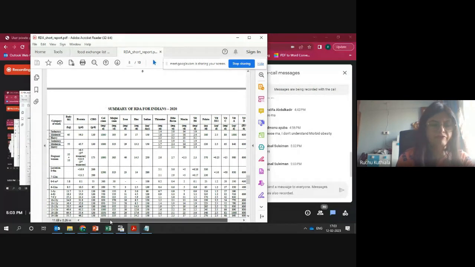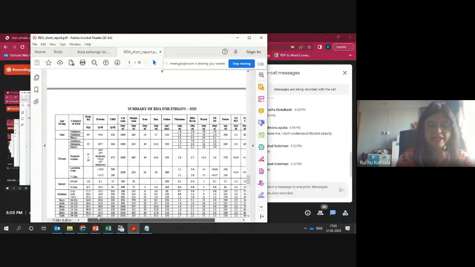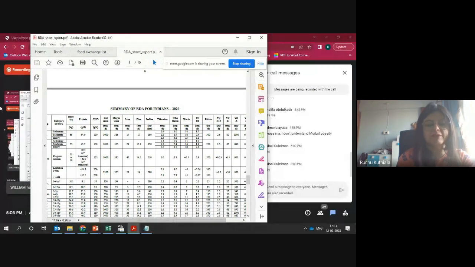Now, if you see this chart, you will see that men, women, infant, children, boys, girls, everything, different categories is given. Sedentary, moderate, heavy, that means what is your physical activity level. And if your weight is 65 kgs and if your weight is 55 kgs, then you can take this much protein, this much carbohydrate, calcium, magnesium, iron, and so on.